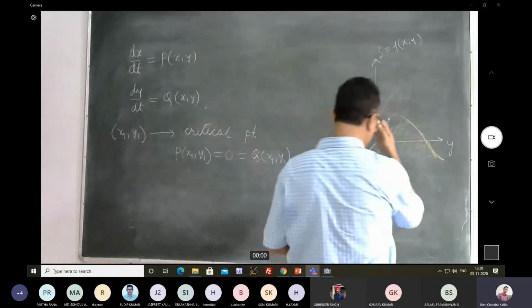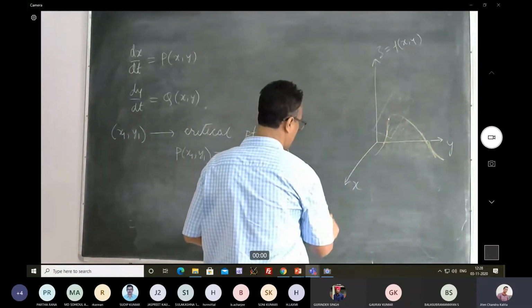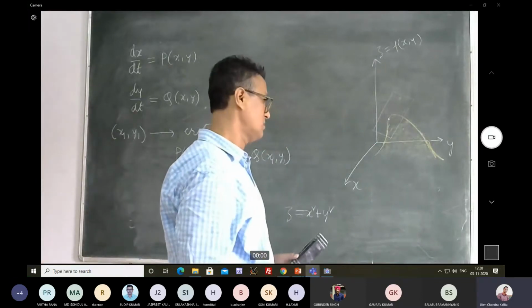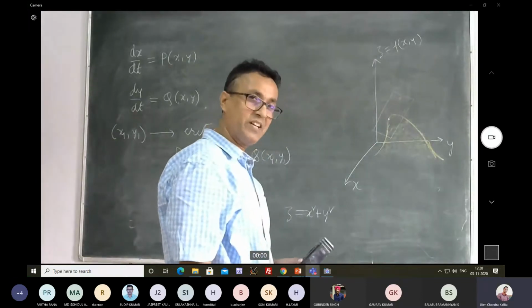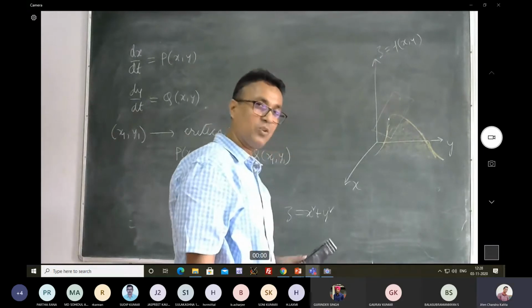You can think about the paraboloid z equal to x squared plus y squared.